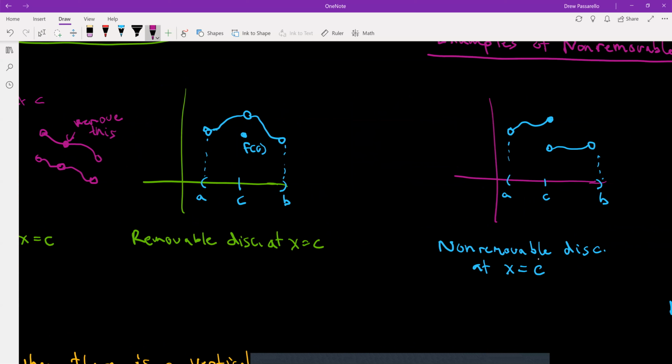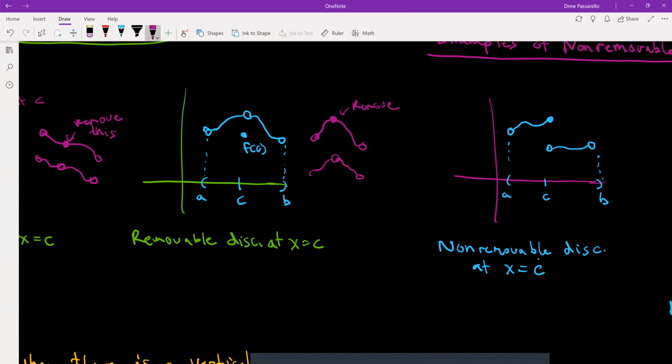If I had the original graph, I can redefine it so that it's connected, and I have a closed dot right here, but then let's say I remove it, and in this case, I just move it down to where you see in blue. So it would be an open dot, and then I just moved the dot down.